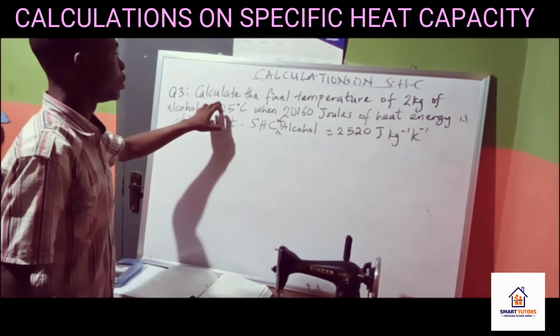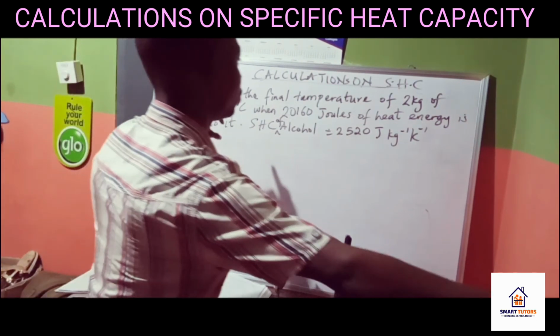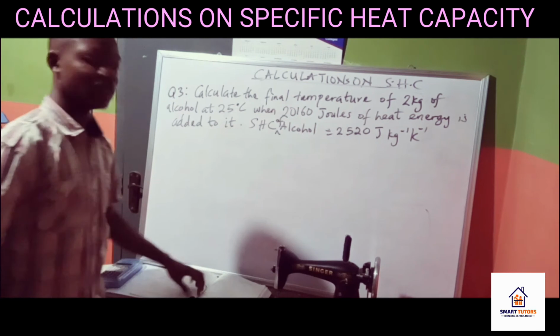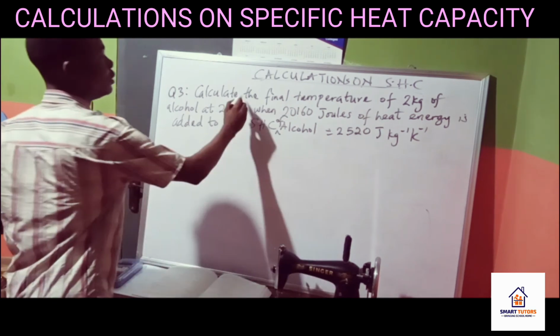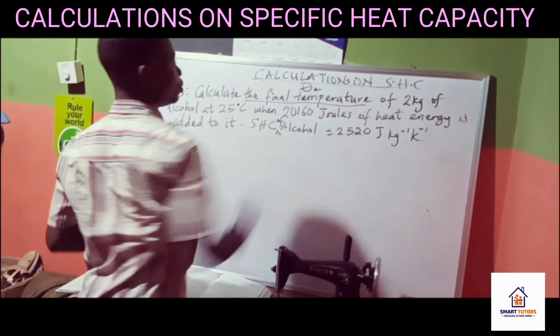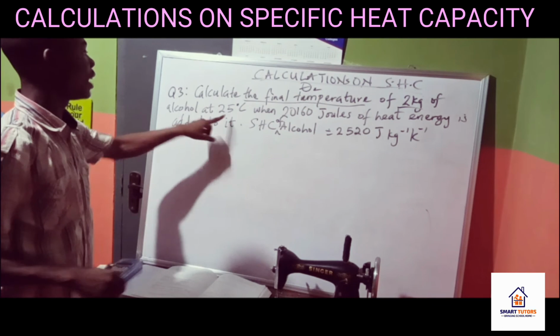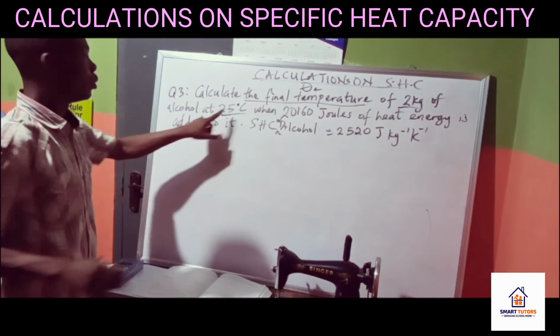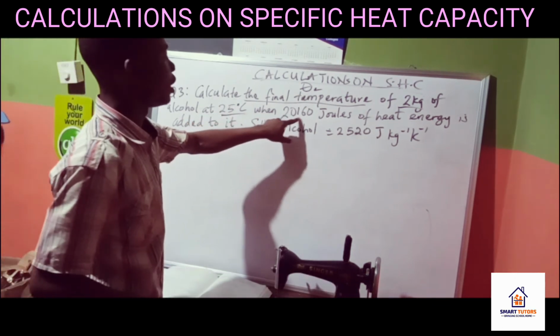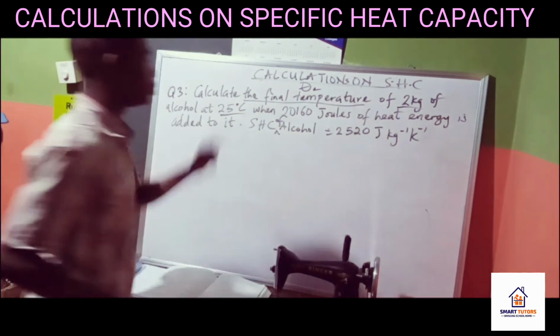Calculate the final temperature. Look at this question. It says calculate the final temperature, so you are looking for theta 2 of 2 kilogram of alcohol at this temperature when 20,160 joules of heat energy is added to it.